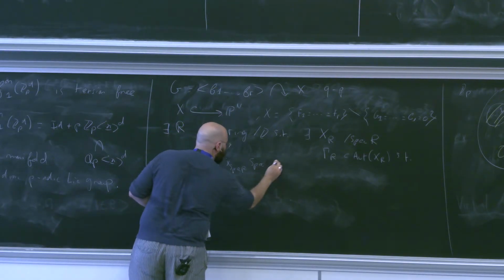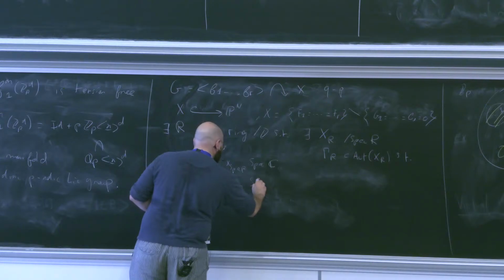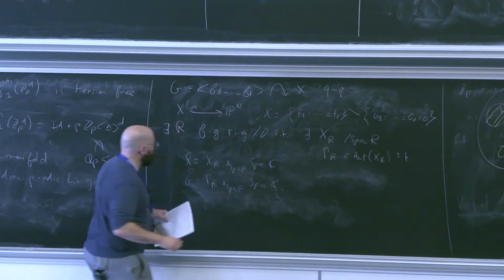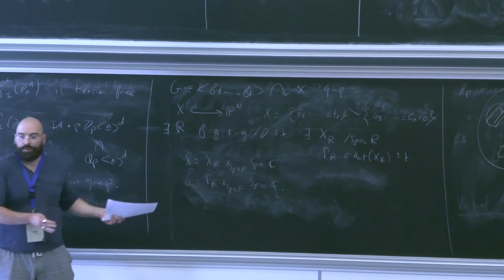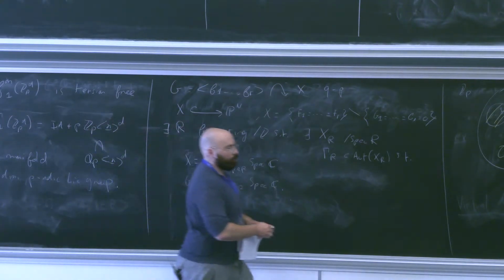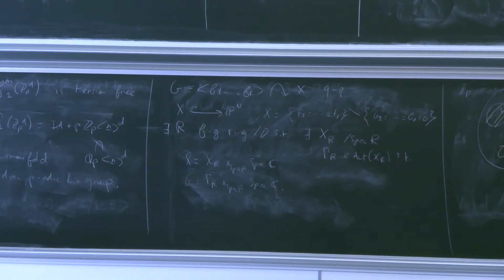Sorry, not Z_p yet, C. Okay, so this is not hard to do. And now you want to go into Z_p, so that's the Lech theorem we saw last week.